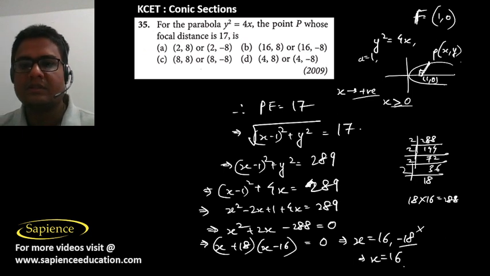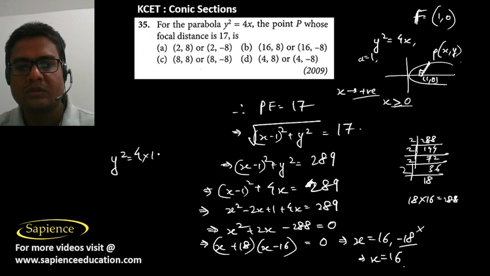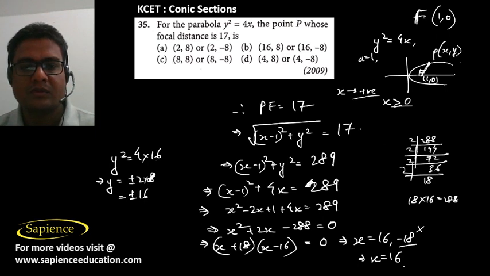So if x is 16, then y will be how much? So y square equal to 4 into 16, then y will be equal to plus or minus 2 into 8, sorry, this is 4 4s are 16, so plus or minus 8.